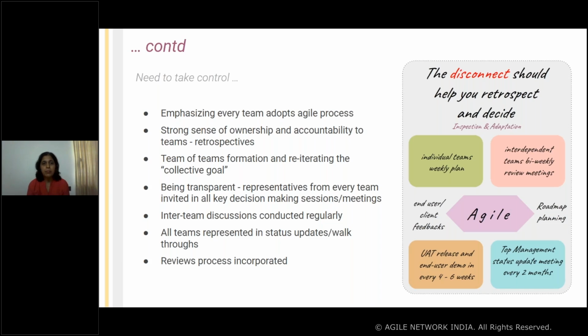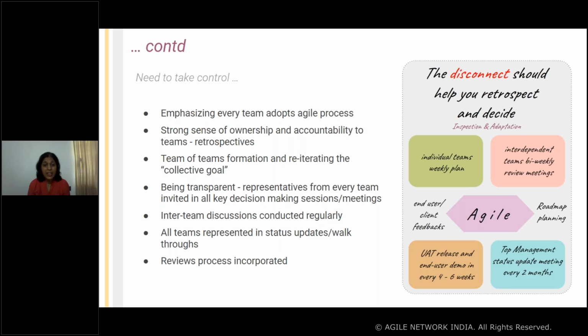So when you give them ownership and accountability, it becomes their ownership, and they have to resolve those. That is how we tried to distribute the ownership, so it doesn't rest on one person but is a collective thing. Then team of teams formation and reiterating the collective goal.